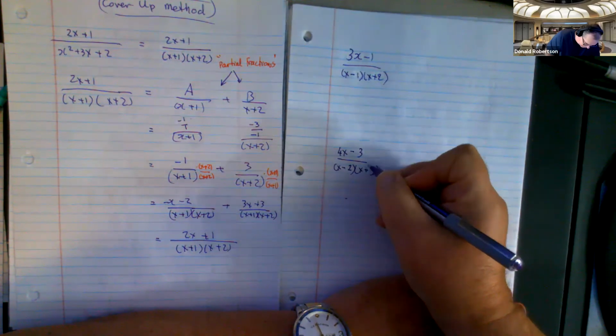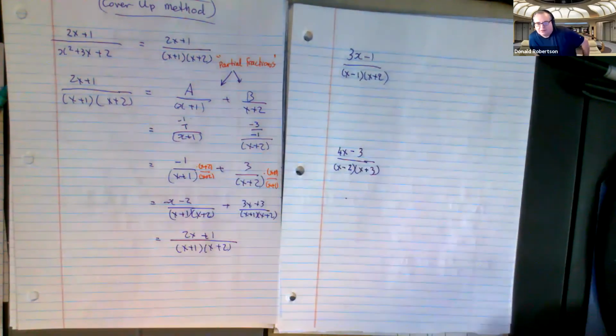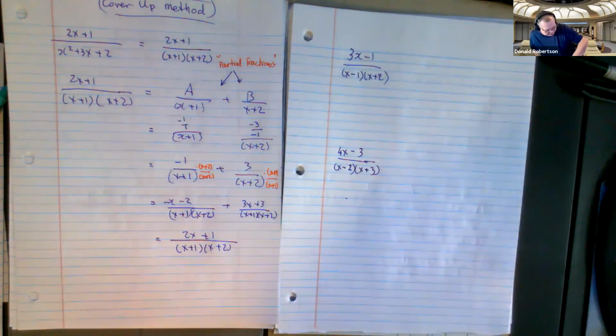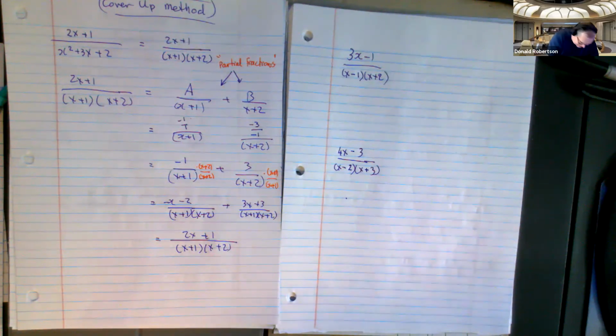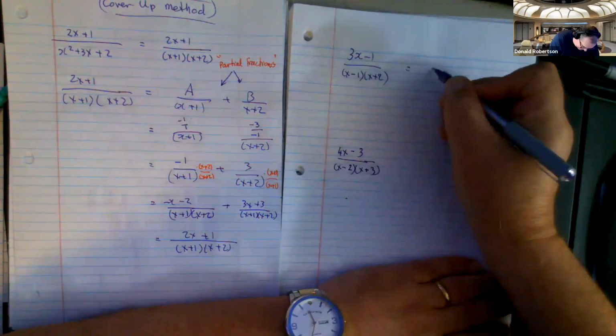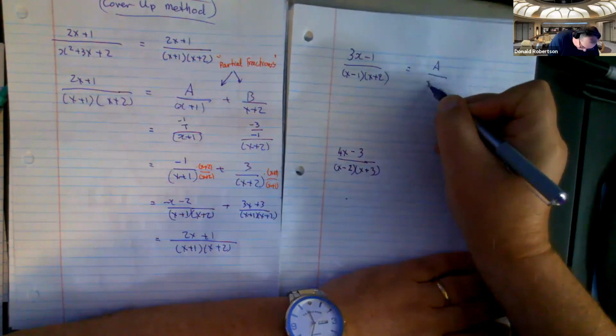And that's the second one. Okay, so you have got 1 minute. Go for it. See if you can get at least one of them done in 1 minute. And I'll set up the partial fraction part for you.